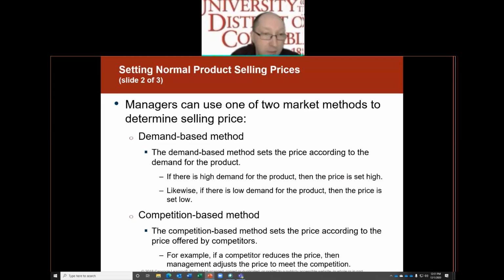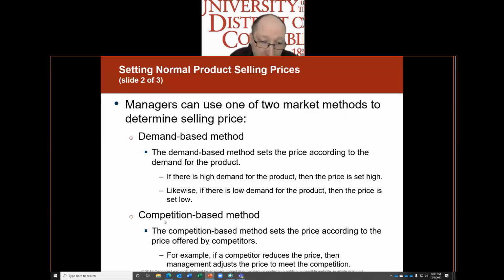It has to, right? That's the idea. Otherwise we're selling it at a loss. When I set prices, based off of demand and competition. Demand tells us how much people are willing to buy at a particular price during a particular time.